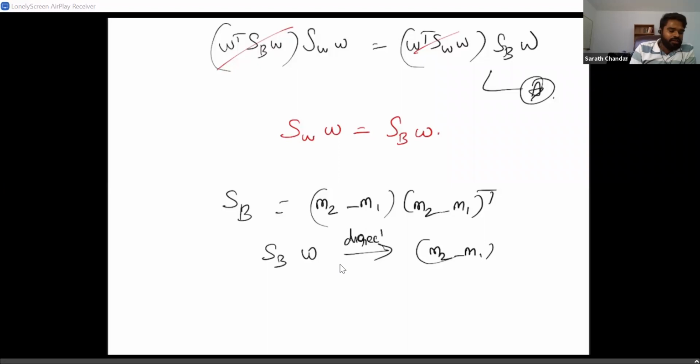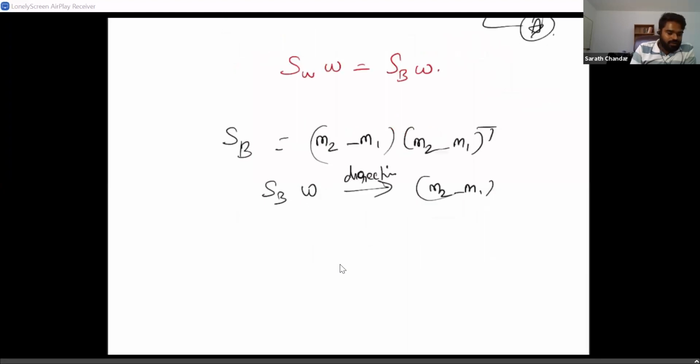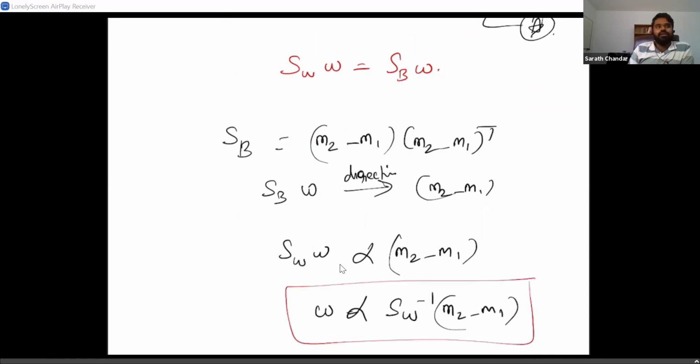So one way to write the whole thing is S_W W is going to be in the direction of M2 minus M1, and W is given by S_W inverse (M2 minus M1). Okay, so now this is the solution for the maximization problem that we had.